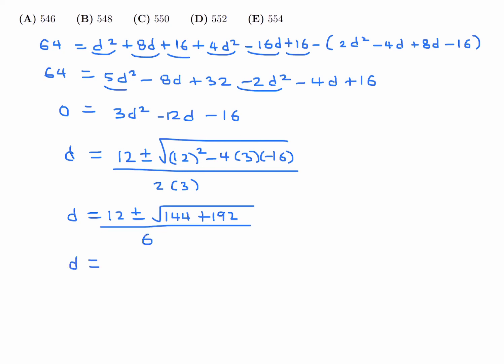And that looks like 2 plus or minus, 144 plus 192 is 336, and 336, I believe that is 4 root 21, all over 6. So there we go. Or you can simplify this a little bit further. First and foremost, we need the positive value because d represents, of course, a distance. And then this can just be 2 root 21 over 3.